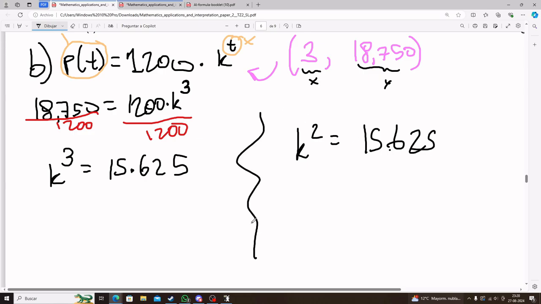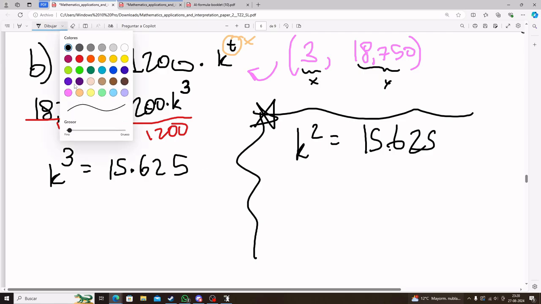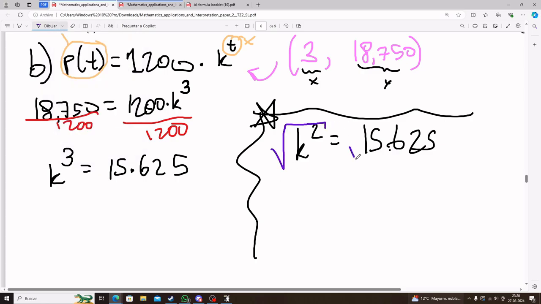This is just an example for the approach. So in my example, I have k squared instead of k to the power of 3. And from here, you probably know what to do. Easy peasy. All you have to do is take a square root on both sides. This goes away with this, and you end up with k being equal to the square root of this number here.